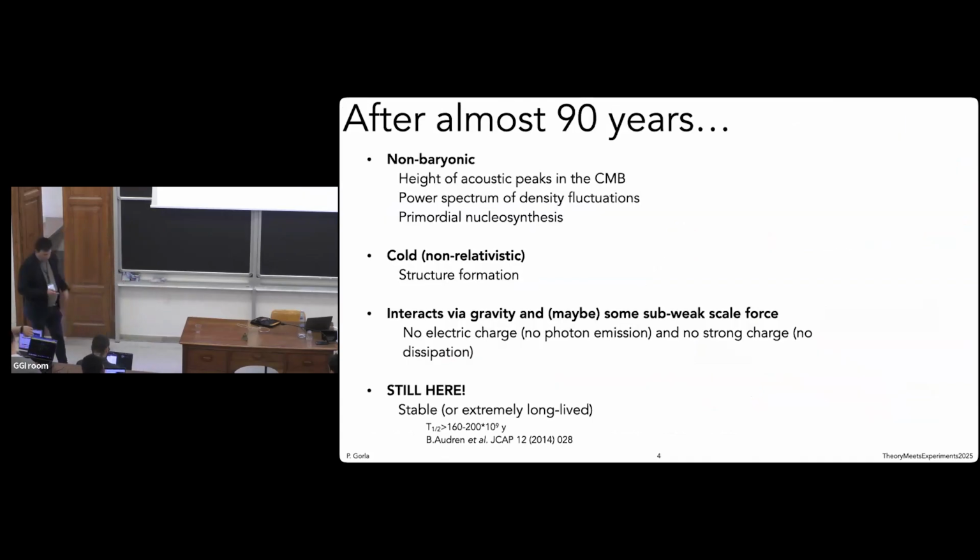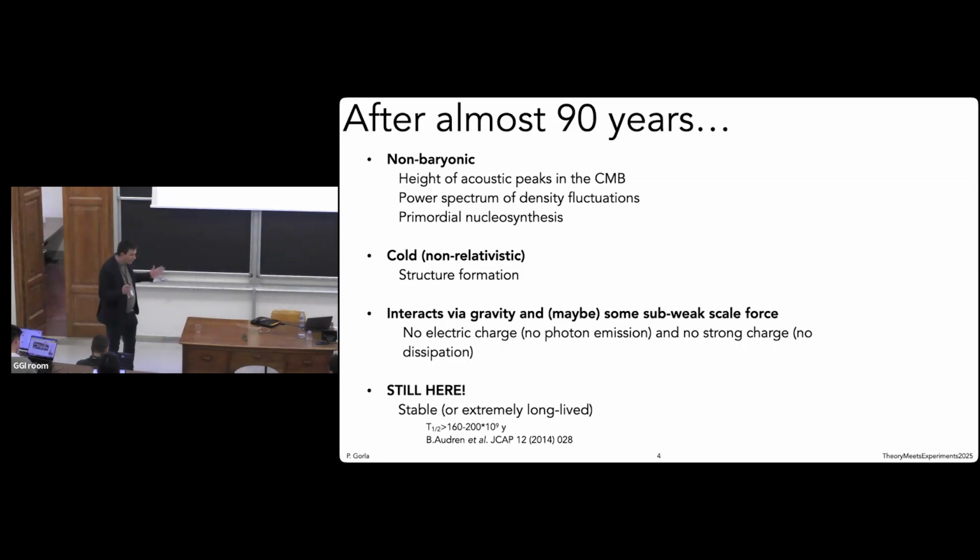Okay, this you probably heard a number of times already in these days. We have many pieces of information on what this particle should be. These are actually small constraints: that it should be non-baryonic dark matter, that it has to be cold, that we do see its gravitational effect, and it's still with us, so it's either stable or extremely long-lived.